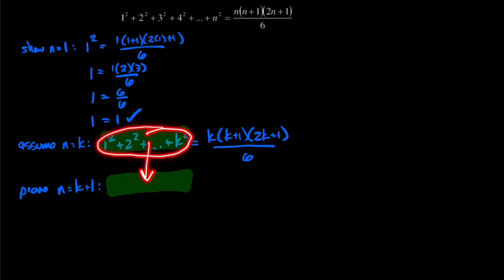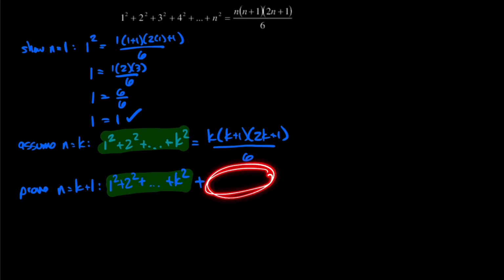So the first thing you do is you rewrite this exactly the way it is here to start the next one. 1 squared plus 2 squared plus ... plus k squared plus. Now I need my k plus 1. That's the next term. It's got to have all of these plus the next one. Well, how do you get that next one? You take our rule, which is squaring, and you put a k plus 1 in place of the k. So that'll be k plus 1 squared.